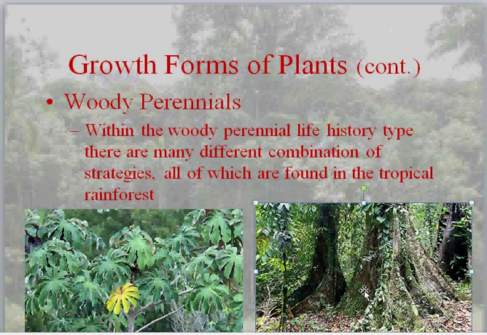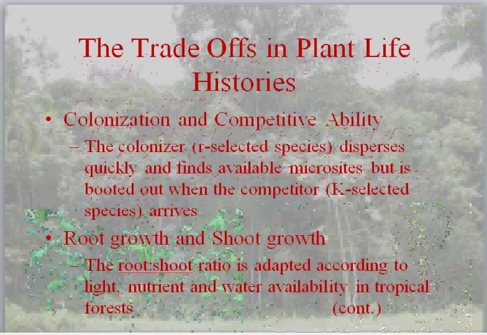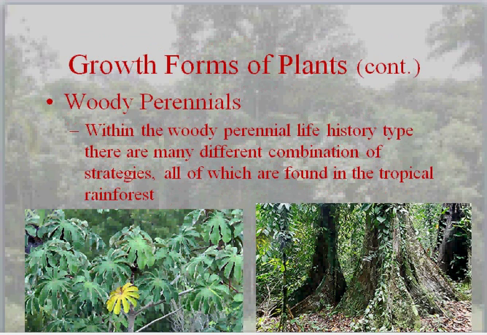Right, so woody perennials, the favored form of rainforest plants. Along with that spectrum within the woody plants, you have different trade-offs in the strategies which these plants can use. And I want to go through some of these trade-offs now.